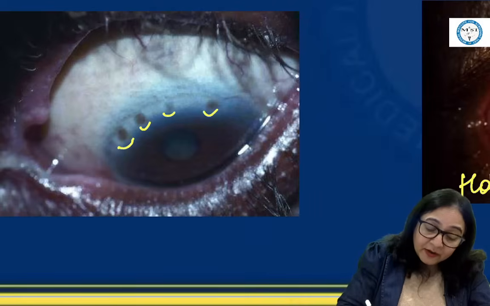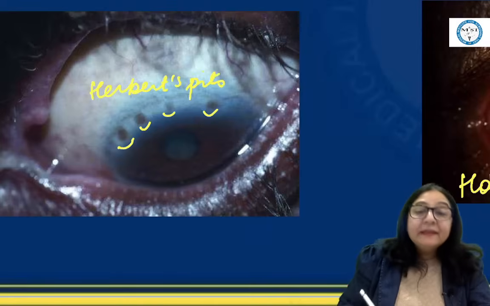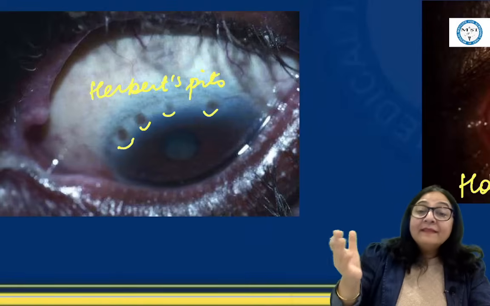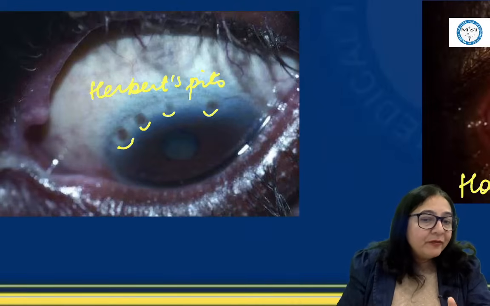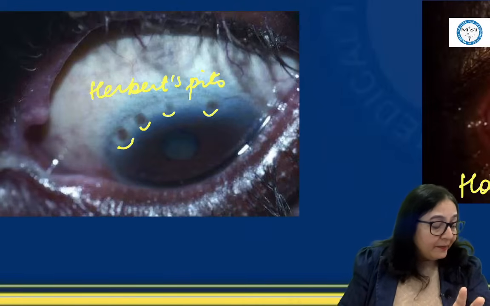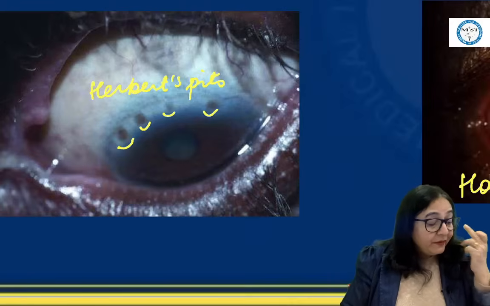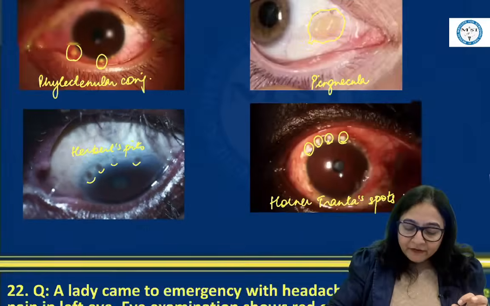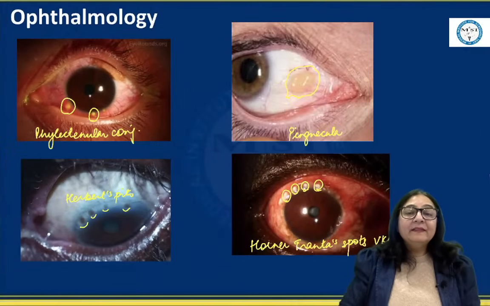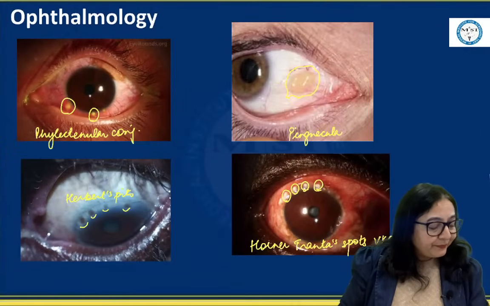So these are your Herbert's pits, which will occur in the cases of trachoma once the Herbert follicles have healed. So when the Herbert follicles heal, they leave Herbert pits. Please do remember how you are able to differentiate between different similar looking lesions.